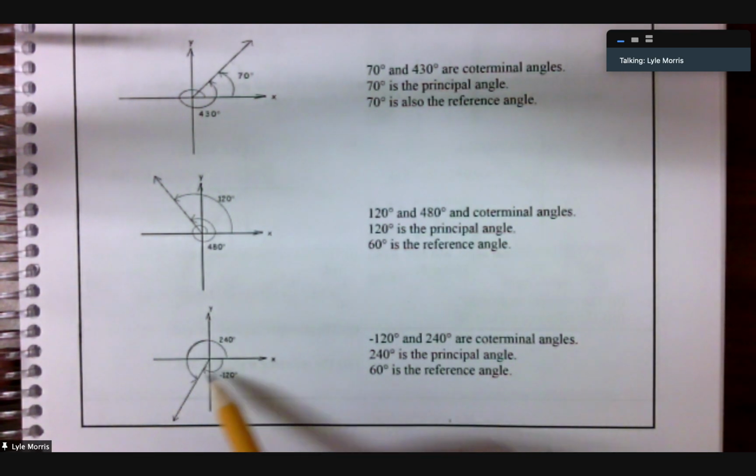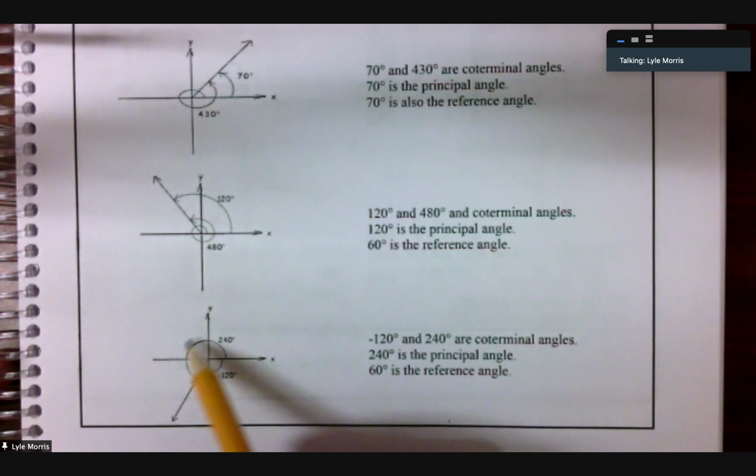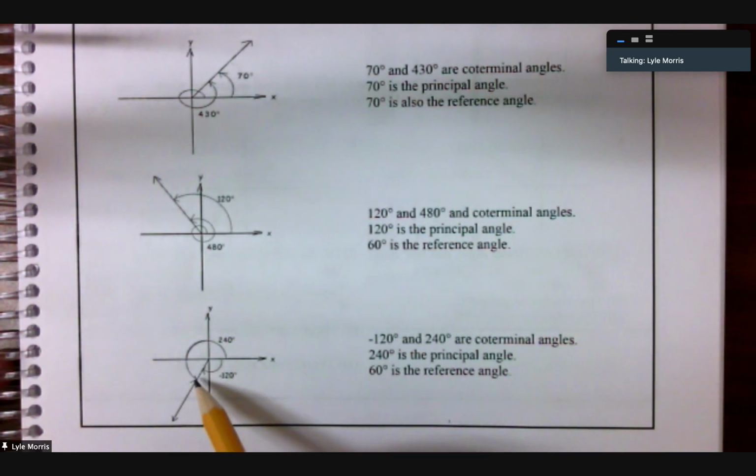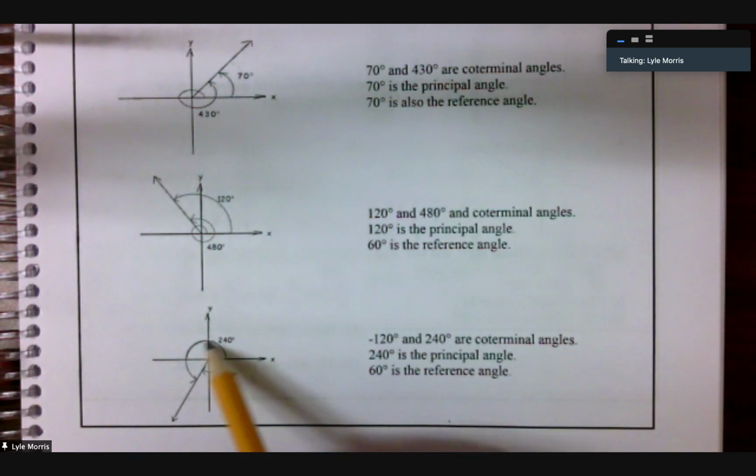Another example, 240 degrees is coterminal with negative 120. If we go this way, clockwise, it's a negative angle. Counterclockwise is a positive angle. 240 and negative 120 are coterminal. 240 is the principal angle because it's the least positive angle of the two.